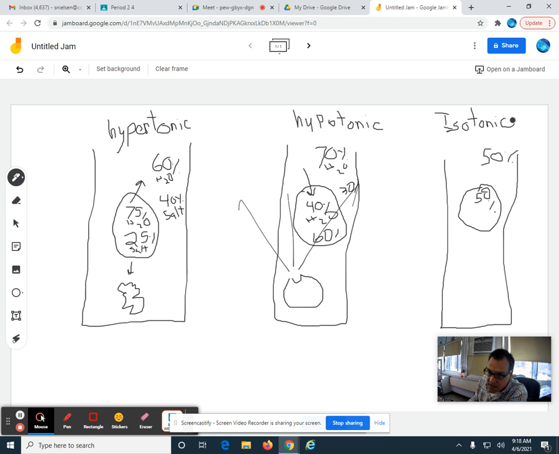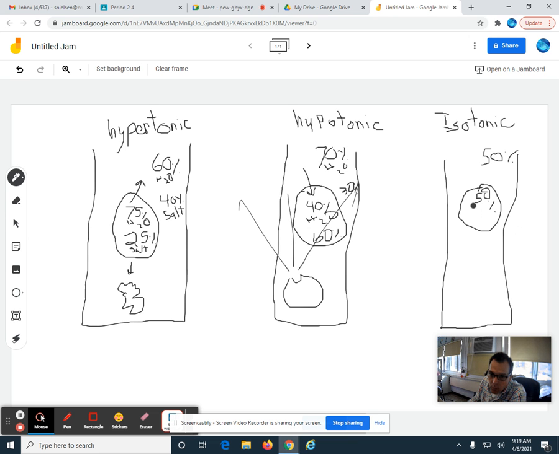Okay? What will happen to the cell? Will it swell? No. Will it shrivel? No. Will the cell stay the same? Sort of. That's a misleading term, because when you say stays the same, it means that the water stops moving. Does the water stop moving? No. If the cell membrane is permeable to water, it will keep moving.